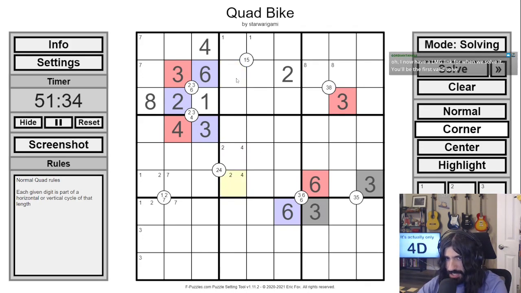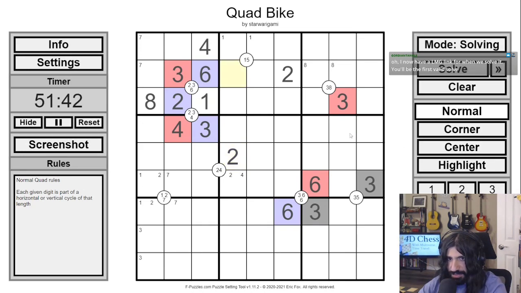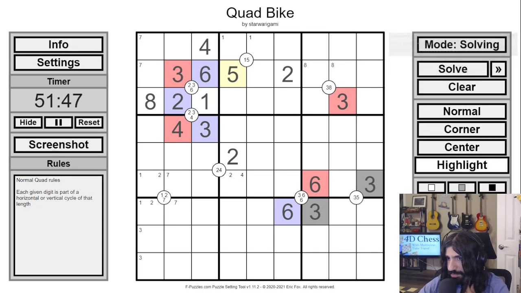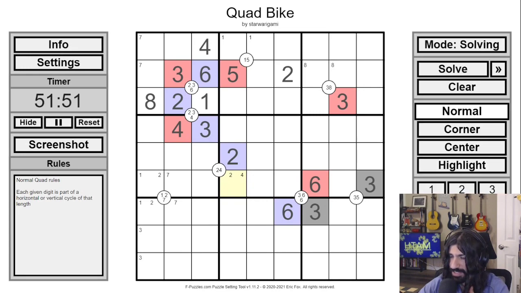This 2 can't participate in a vertical cycle because this would have to be a 6. So this 2 must participate in a vertical cycle where this is a 5. So this must be a horizontal cycle of length 5. And this must be a vertical cycle of length 2, which means that this is a vertical cycle of length 4.